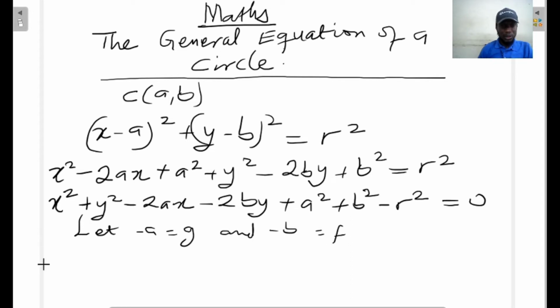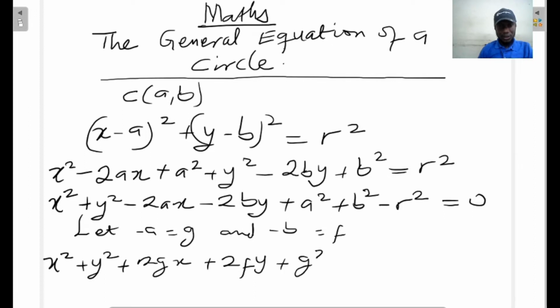Our equation now becomes x squared plus y squared plus 2gx plus 2fy plus g squared plus f squared minus r squared equals 0.